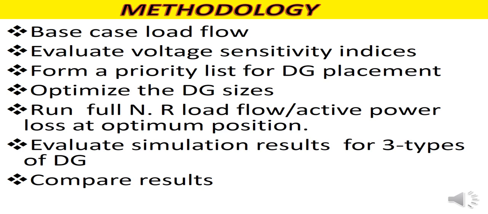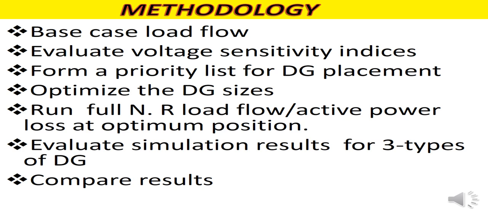The impact of the different types of DG in the network when it is optimally located with optimal size. 3. The impact on power losses when these three different types of DG are placed within the network. And 4. Evaluating the voltage profile for each type of DG when placed at optimal position with optimal sizes.